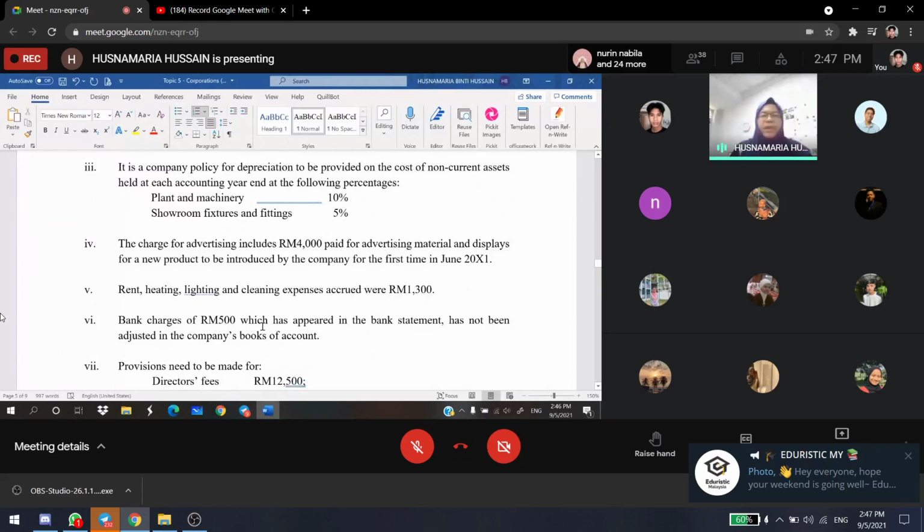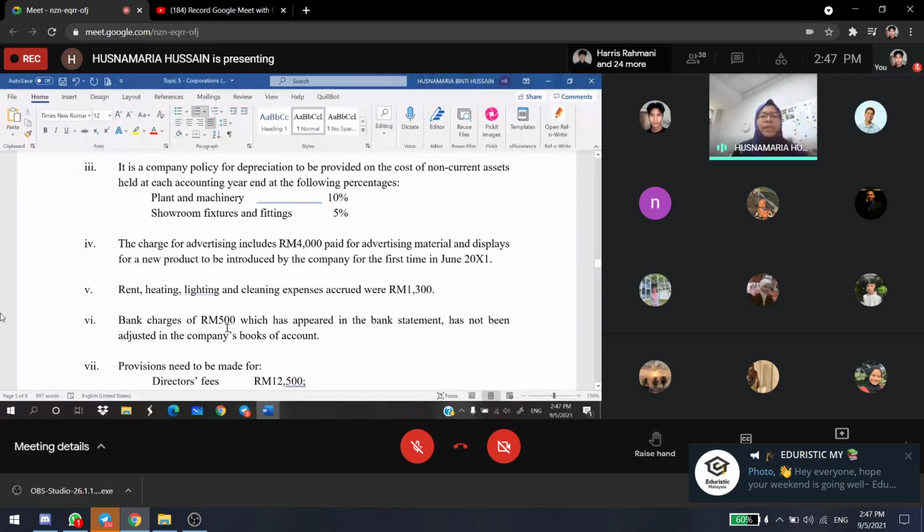Bank charges of 500 which has appeared in the bank statement has not been adjusted in the company's books of account. You did not do that, right? Now, when we use the service from the bank, the bank will deduct from our bank account.